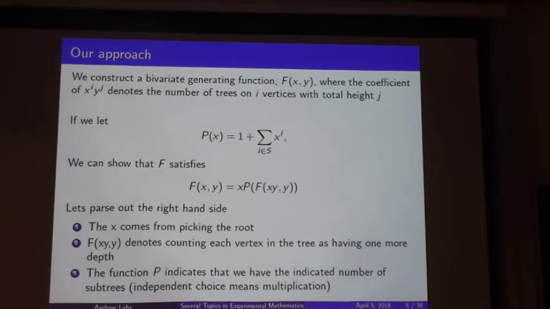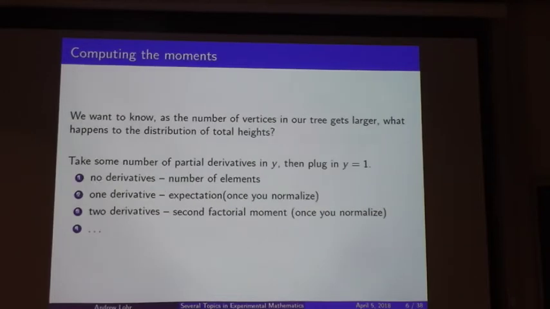Okay, so once we have this, we're going to massage it and restructure it a little bit to a point where we can pull out the moments in y for any fixed power of x by taking partial derivatives.